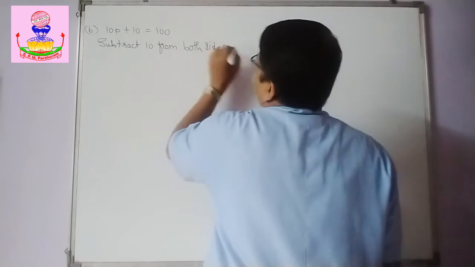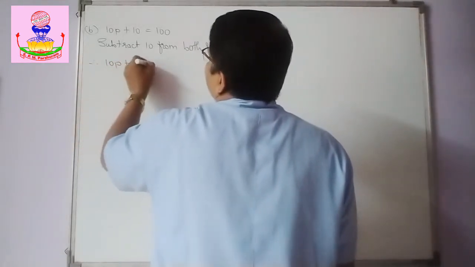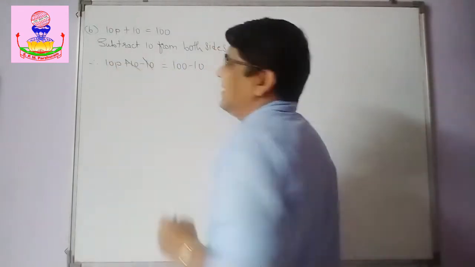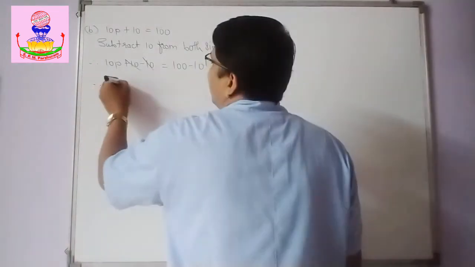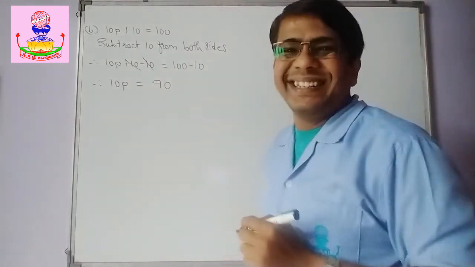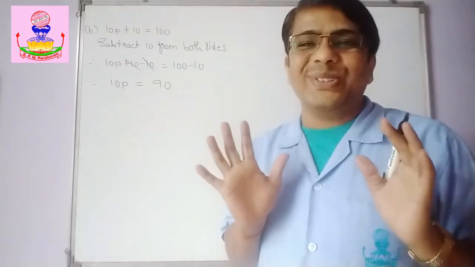Am I right? Yes. So 10p plus 10 minus 10 is equal to 100 minus 10. Plus 10 minus 10 cancelled. So therefore 10p is equal to 100 minus 10, 90. Now one close relative is left.